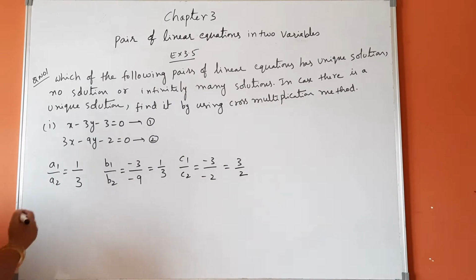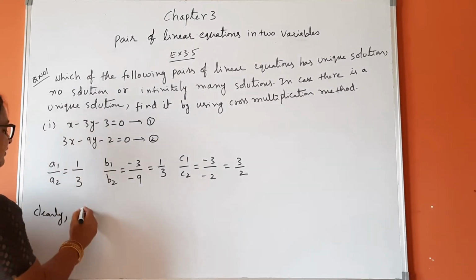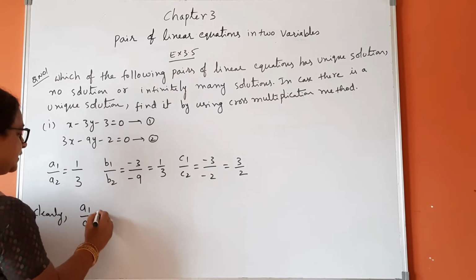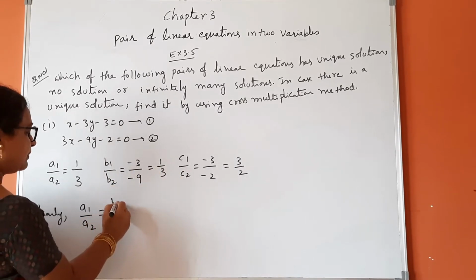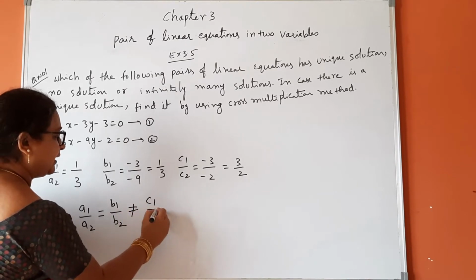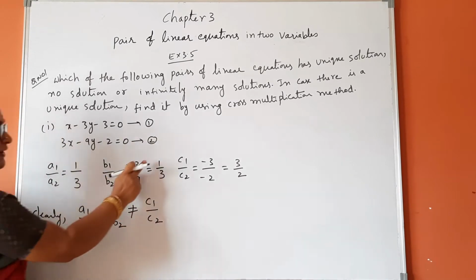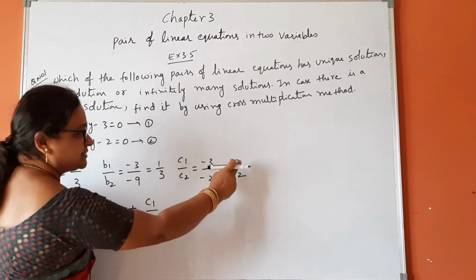So clearly A1 by A2 is equal to B1 by B2 but not equal to C1 by C2. A1 by A2 is 1 by 3, B1 by B2 is 1 by 3, C1 by C2 is 3 by 2.